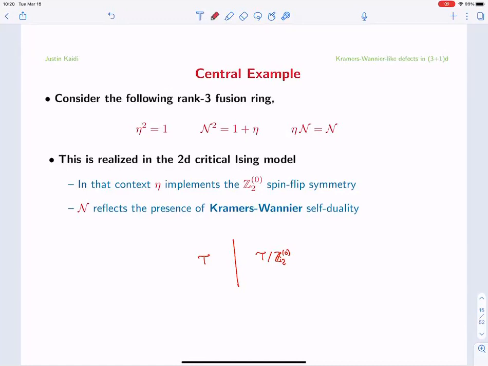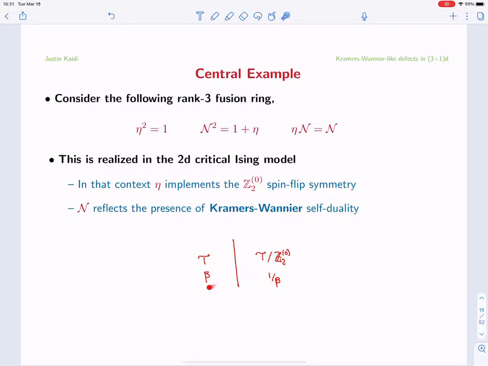This is roughly like saying that I have the Ising model at temperature beta here and the Ising model at temperature 1 over beta here. Now, this interface between these two models is just that. It's an interface. It's not a defect in a single theory in general.